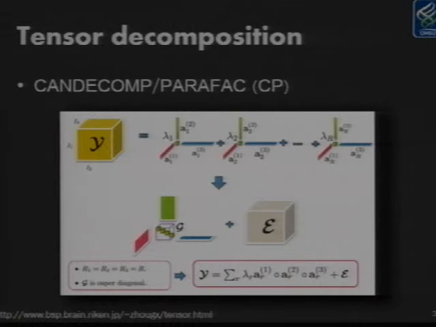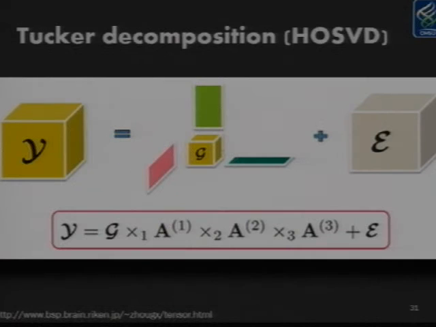In my experiments, this wasn't good enough to fully capture all the information that I need from my response tensor. So the second type of tensor decomposition is a little bit more flexible in that each one of these matrices can now have a different column dimension. They're not forced to all be the same size.